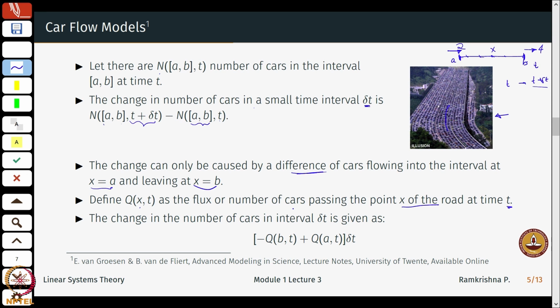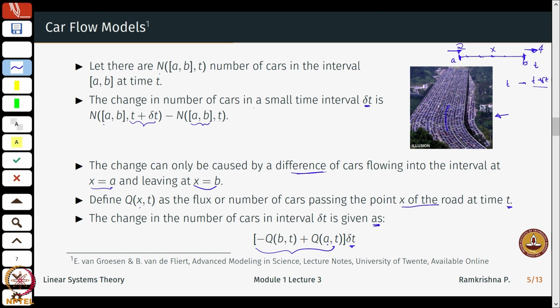Okay. Now, the change, as I said, is caused only by the difference of what happens at point a and point b. Now, the change in the total number of cars in this interval will just be given by this one, assuming that cars leaving are treated as negative at point b and cars entering are treated as positive, in the interval delta t. Okay.